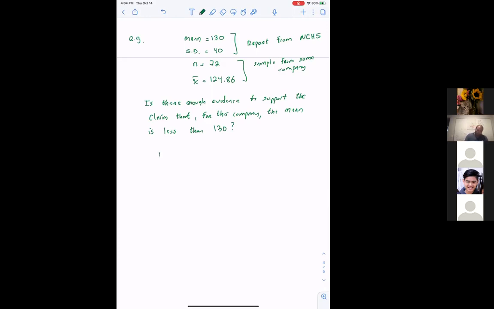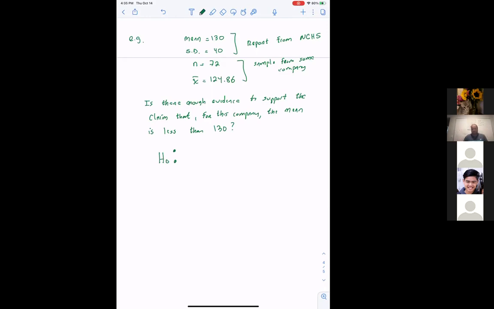So what is the null hypothesis in this example? What are we testing against? What is the status quo, the up until now belief without any evidence to the contrary? Would be that the mean of the company is what? 130.